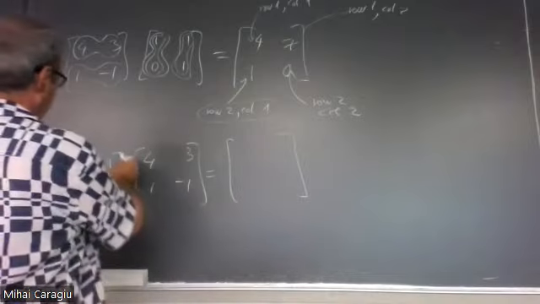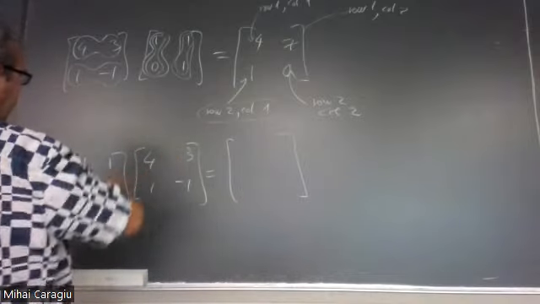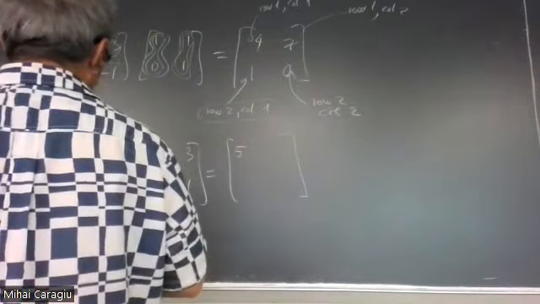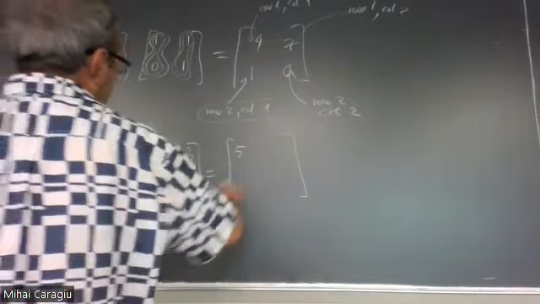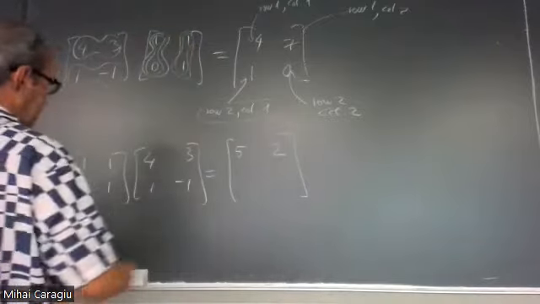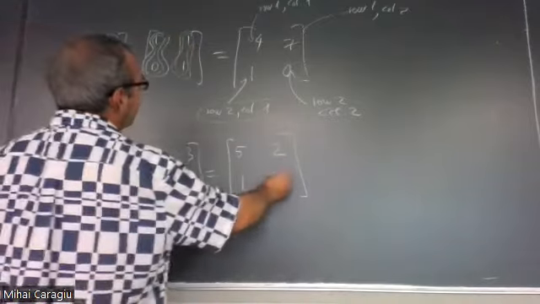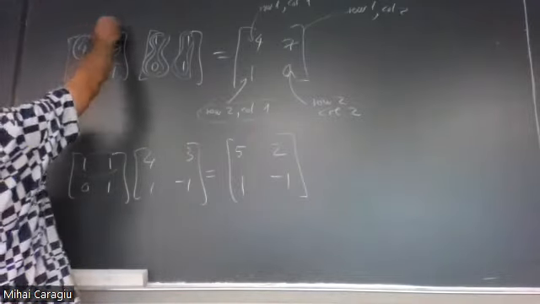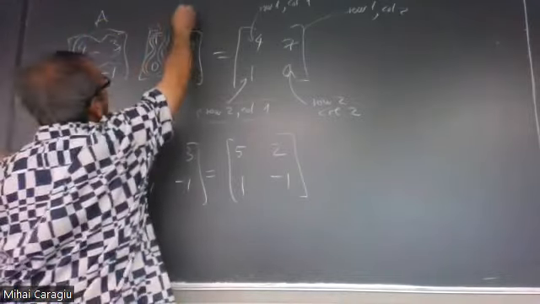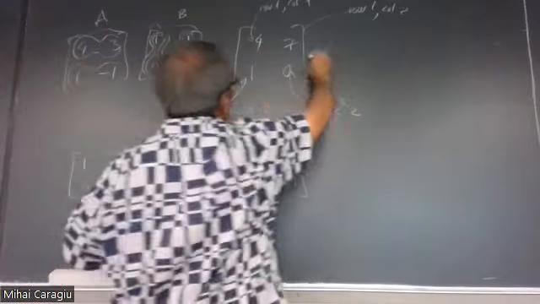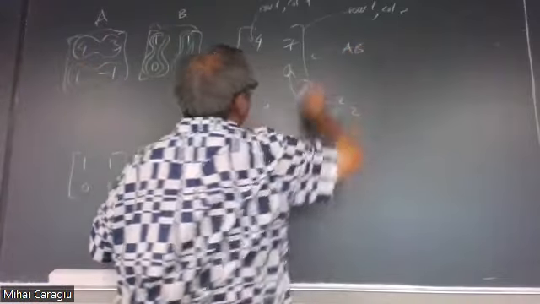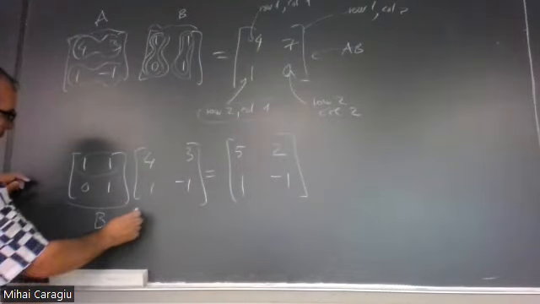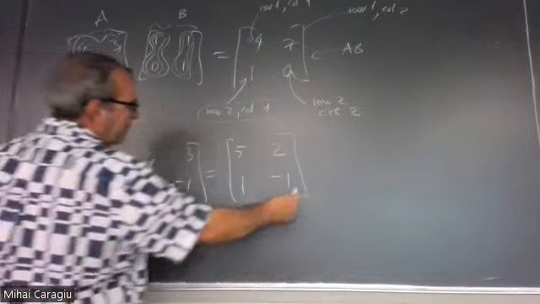First, 4 plus 1 is 5 here. 3 minus 1 is 2. Then 1, and minus 1. So let's call this matrix A, let's call this matrix B, and this will be the matrix AB. What about if we multiply them in the reverse order? This will be the matrix B, and this will be the matrix A, and this will be BA.